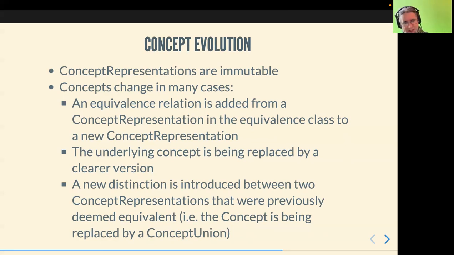That's a case of concept evolution, the improvement relation. And one case of that specifically is when it's replaced by a concept union. That's the distinction and disambiguation process.